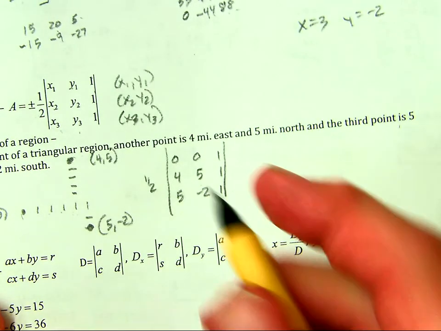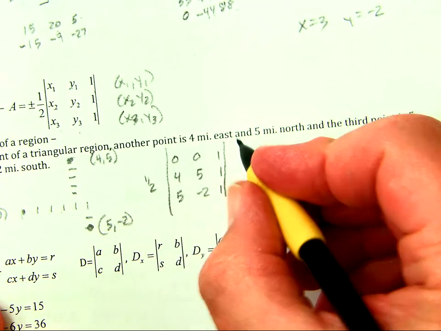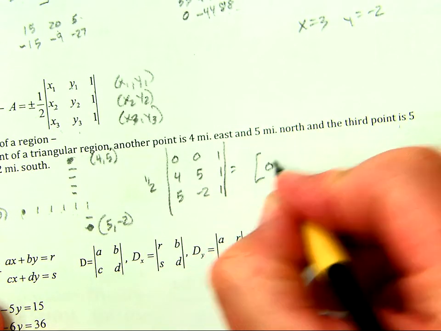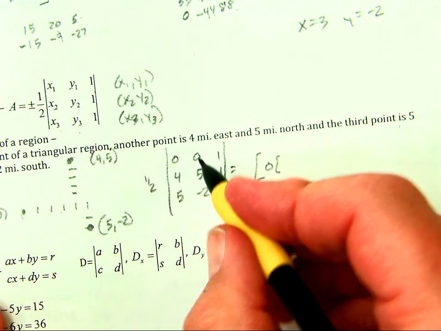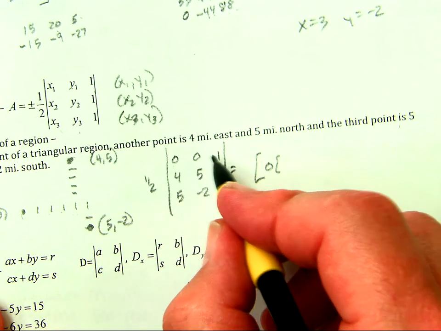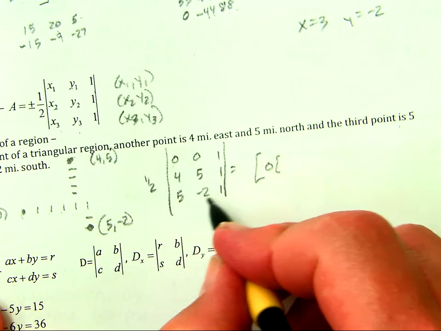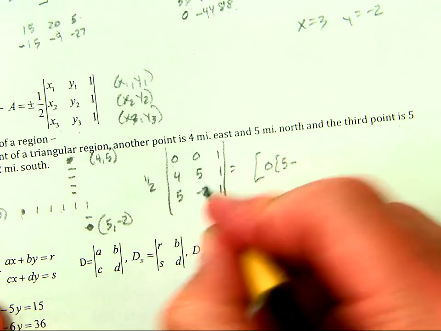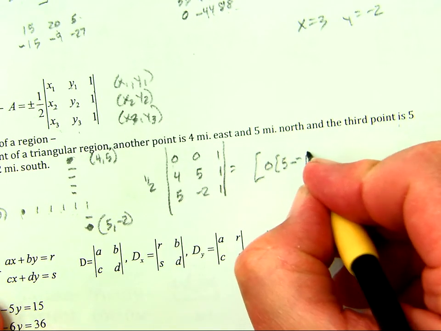Now, if we do that like we did up here before, remember we started with 0. Then we cross multiply and subtract. So if we start here, that means we're doing these lower right 4. So we take 5 times 1 is 5, minus 1 times a negative 2 is a negative 1.